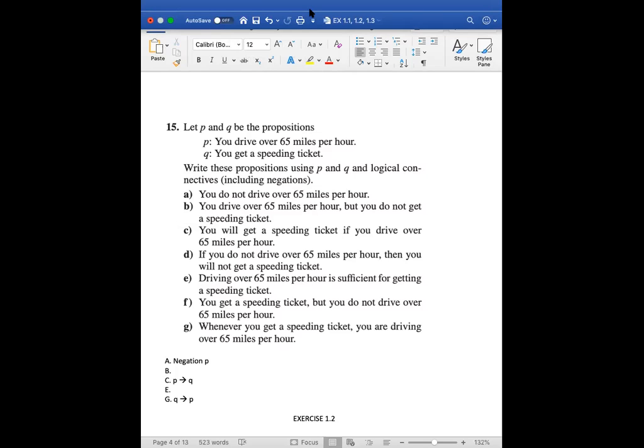Here we have the word sufficient, right? So this basically tells us that we have to use the implication instead of the biconditional or and or the other operators. So my suggestion will be to basically read the slides if you're unsure which operator to use.